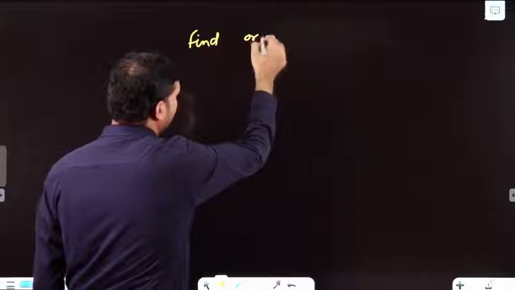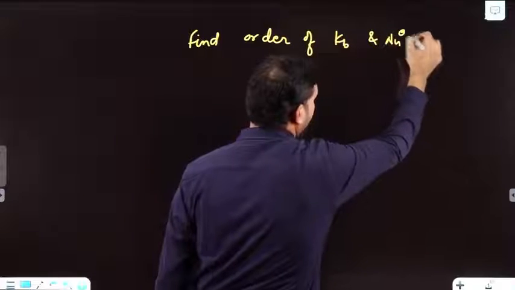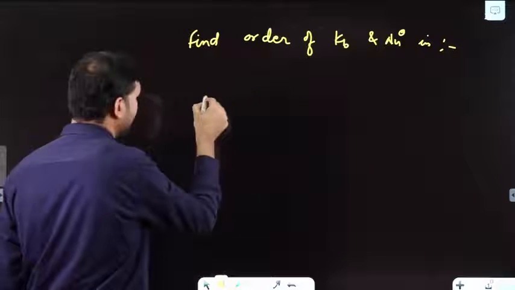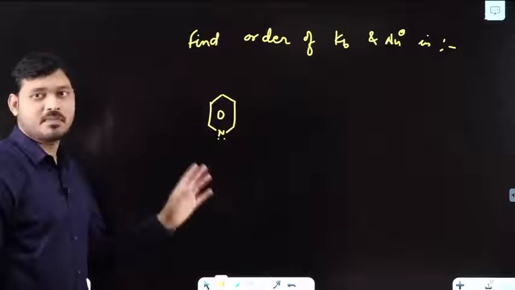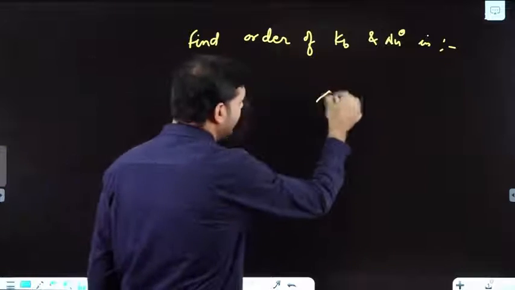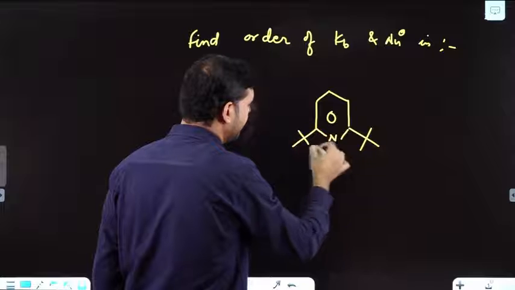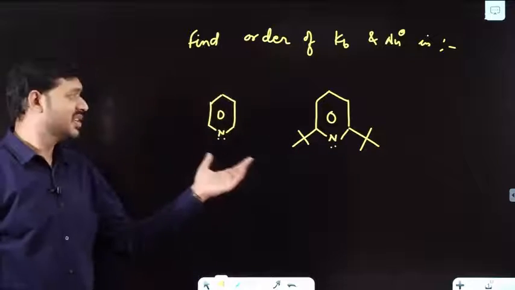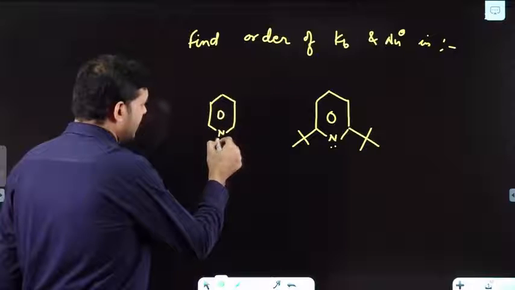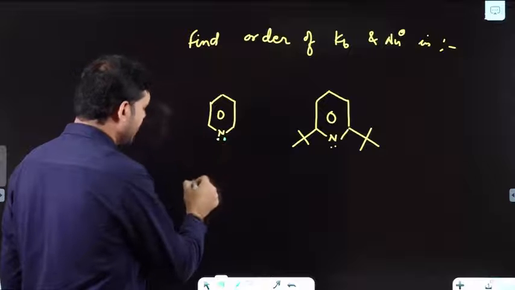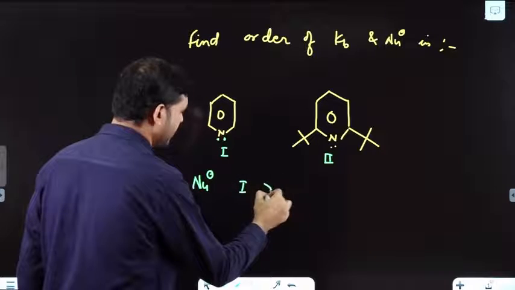Find the order of Kb and nucleophilicity in the given species. See, you know this compound pyridine, and the other compound is the same kind. Now I think it is very easy to understand. In the first case, there is no steric hindrance, so nucleophilicity will be first greater than second.